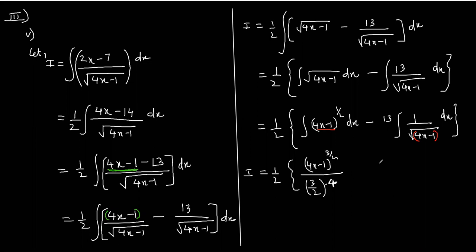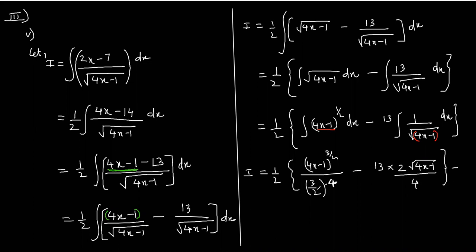Minus 13 into 1 upon root 4x minus 1, that is 2 root 4x minus 1, divided by 4. Why divide by 4? The coefficient of x is 4 here. The bracket is closed, plus c.